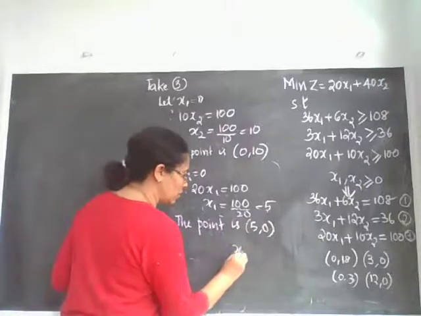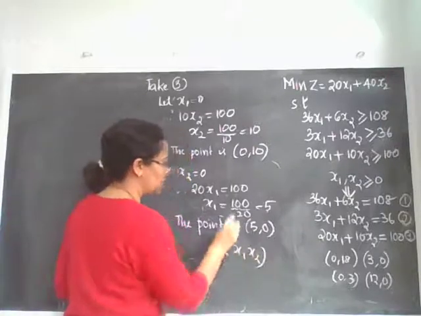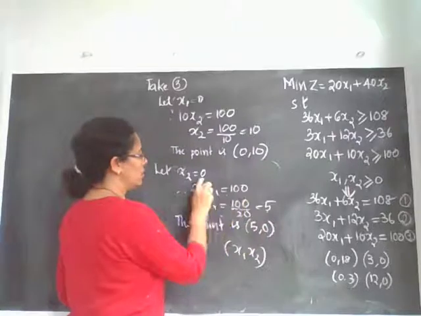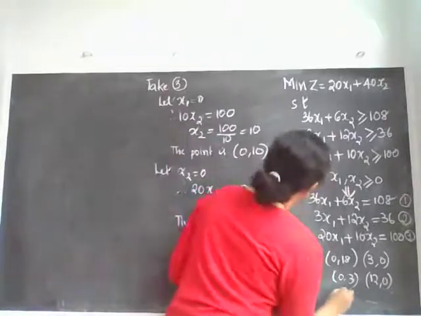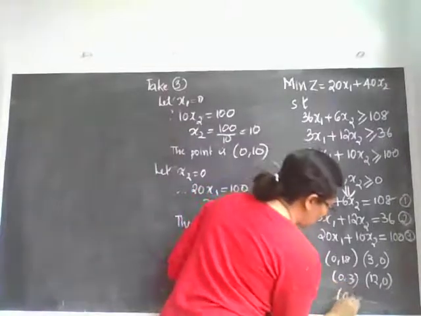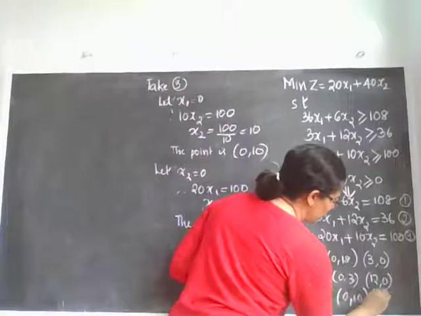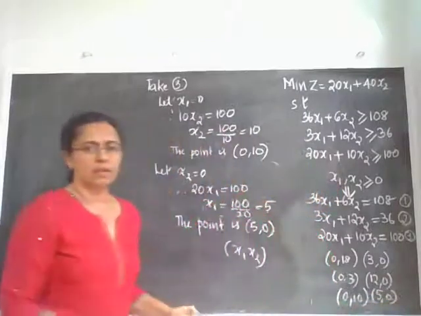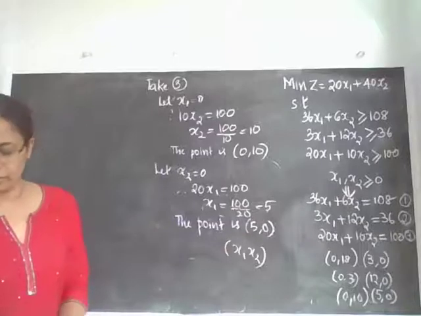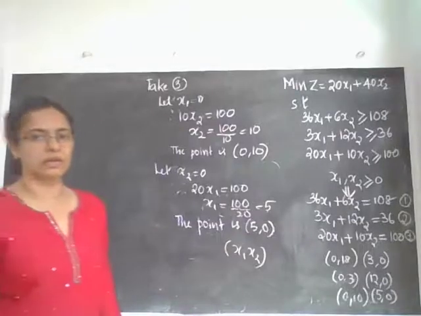The point is x1, x2, where the value of x1 is 5 and x2 is 0. So the points are 0, 10 and 5, 0. So you have got the points for all the 3 lines.